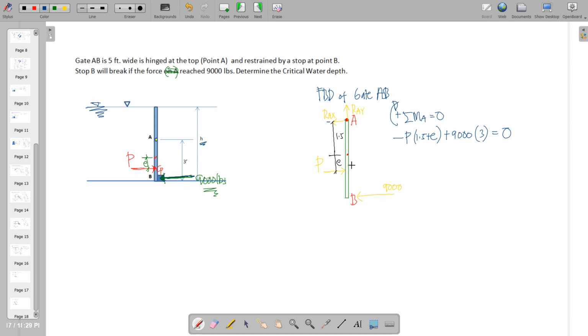So let's do it. So P can be solved out of H bar, isn't it?